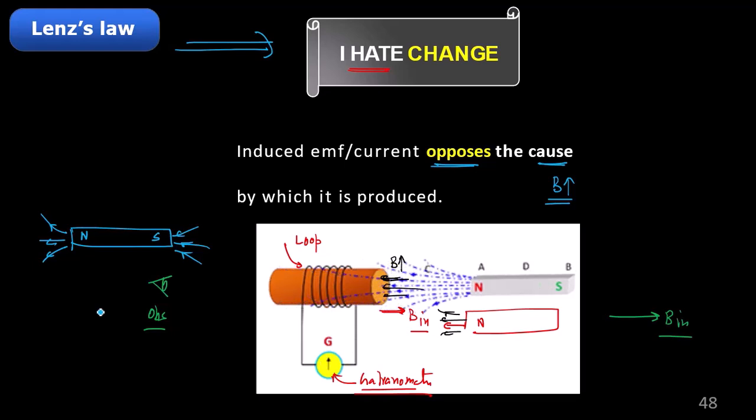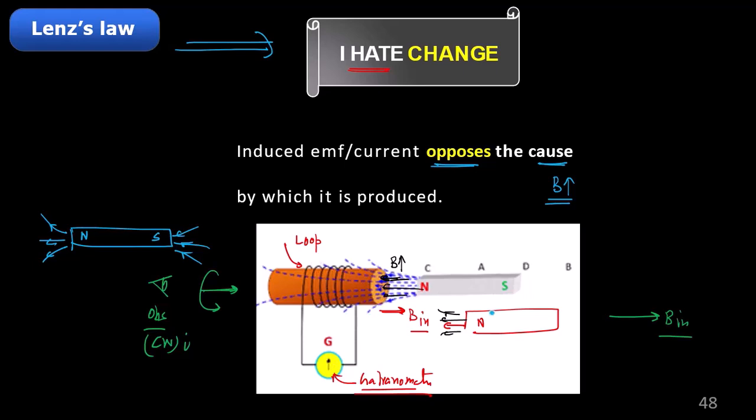If you place your thumb on the right hand side and curl your fingers, the fingers will curl in this direction, which from the left hand side is the clockwise direction. So that is the direction of the current. In the clockwise direction, the loop will allow the current to flow.